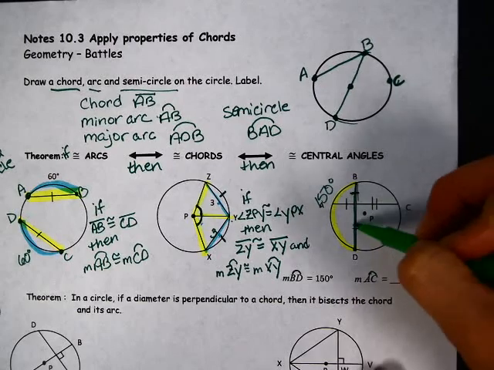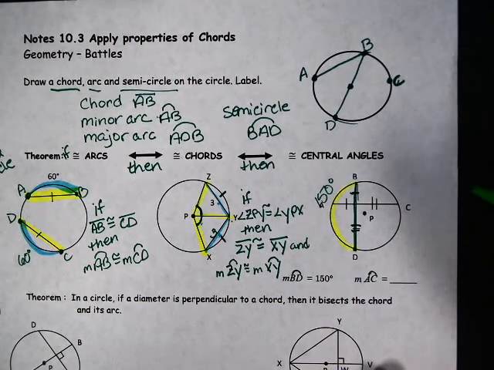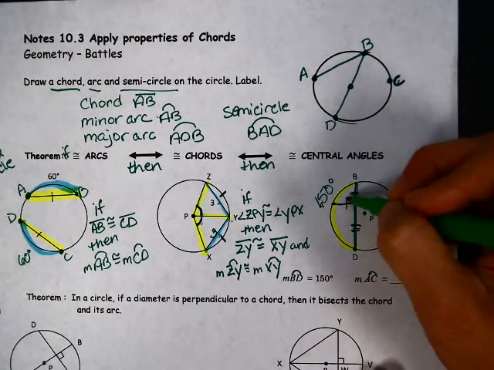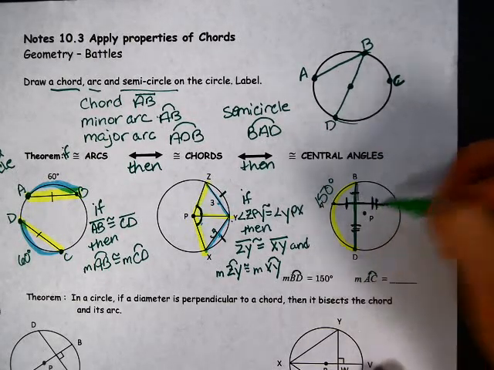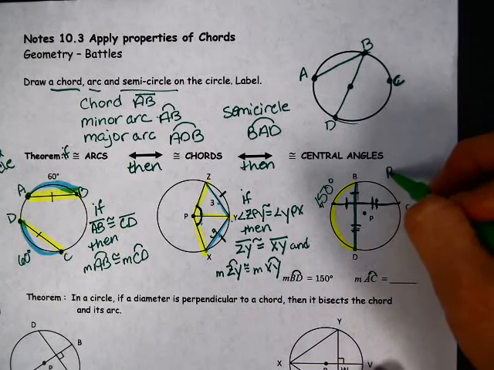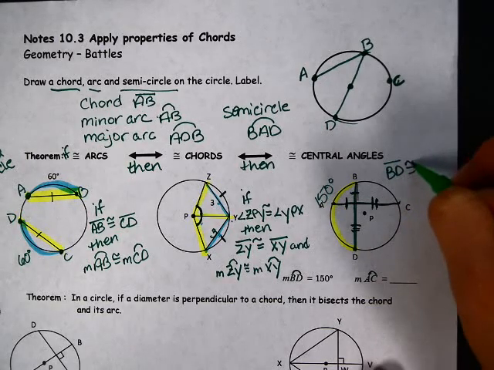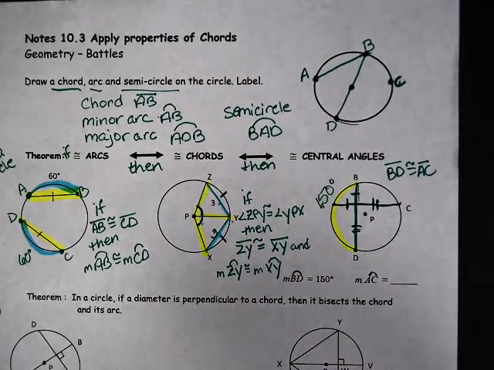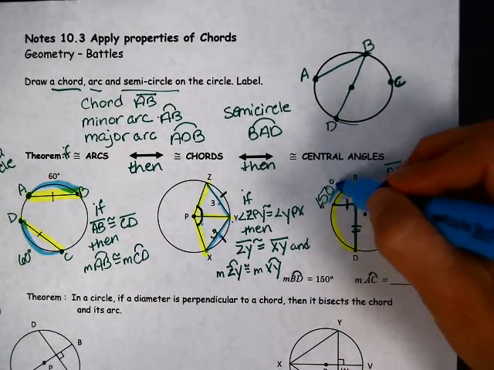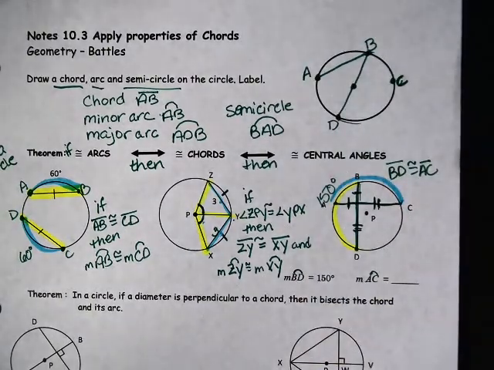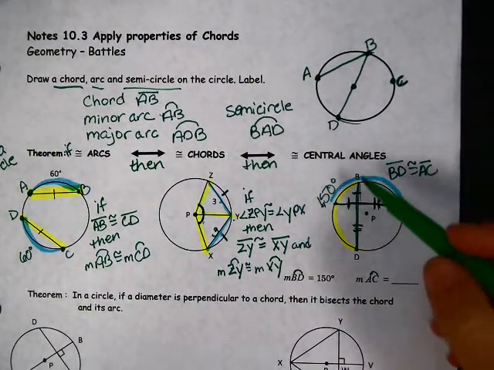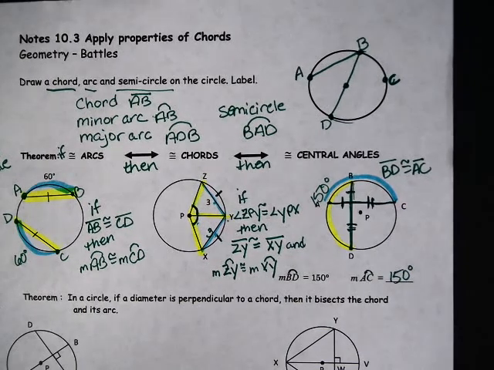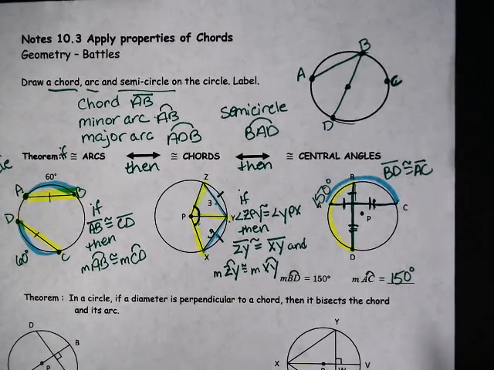BD has two segments marked off. AC is also a chord, and it's got the same segment lengths marked off. Therefore, BD is congruent to AC. Since those two chords are congruent, they create congruent arcs. Even though they're not in the same place, the arc measures are congruent. So it would also be 150 degrees as well.